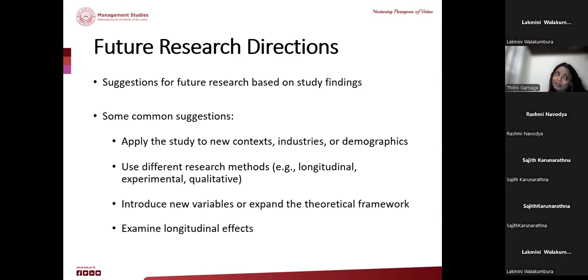We were talking about different types of recommendations that you can derive and how you should do that. And finally, I was requested to talk to you about how you should derive a strong conclusion and mention the limitations of your study, based on which you can suggest directions for future research. So those are the areas that I have covered with you today up to this point.